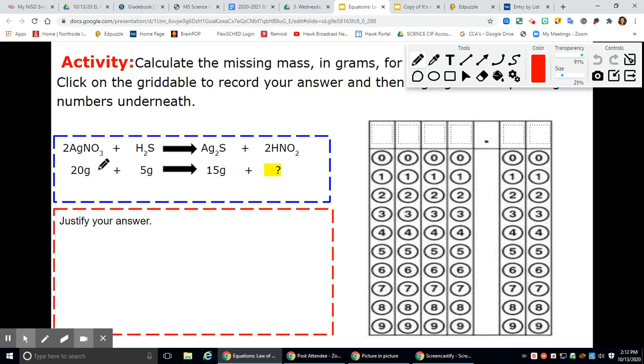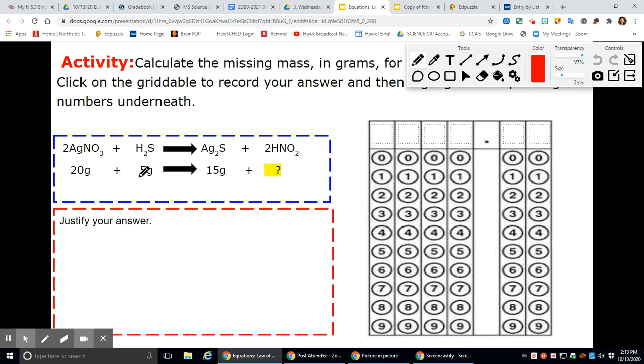So here in your reactants, you have 20 grams of this substance plus 5 grams of this substance, which is going to produce 15 grams of this substance plus how much of this substance. According to the law of conservation of mass, your products must equal your reactants.